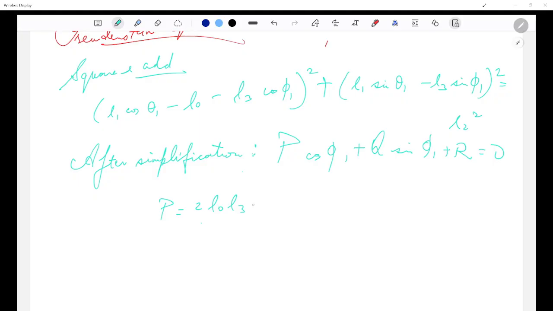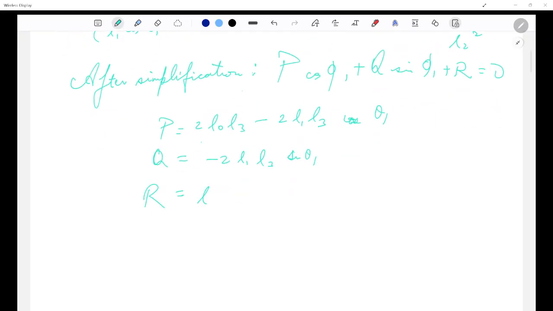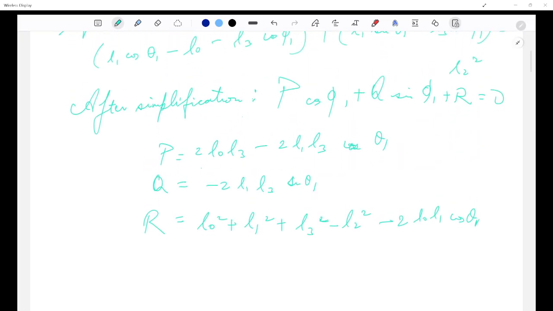I'm not doing it right away, but you can do it. This can be your homework. Theta 1. Q is minus 2 L1 L3 sine theta 1, and your r is L0 square plus L1 square plus L3 square minus L2 square minus 2 L0 L1 cos theta 1.